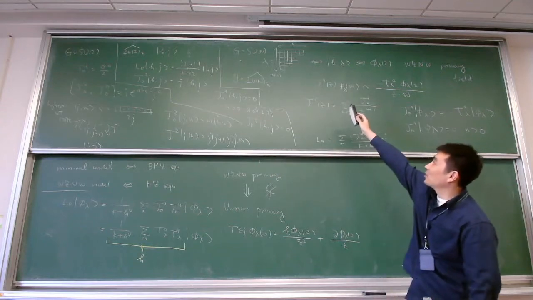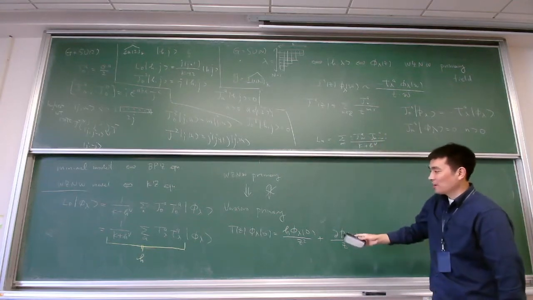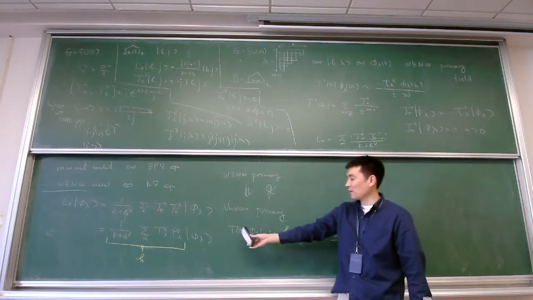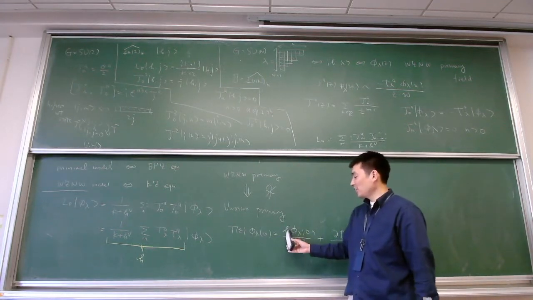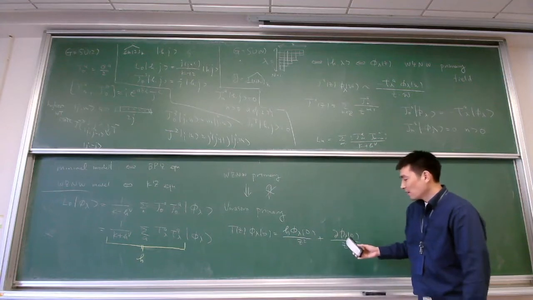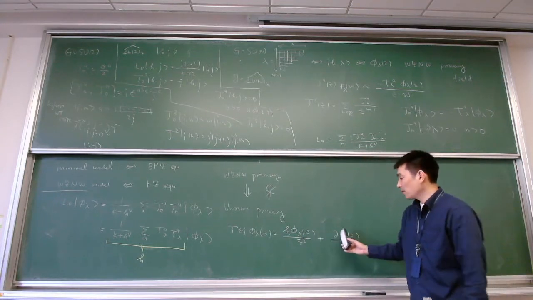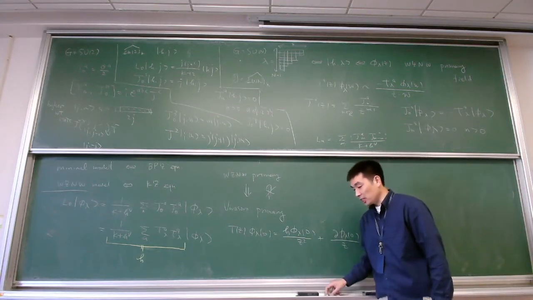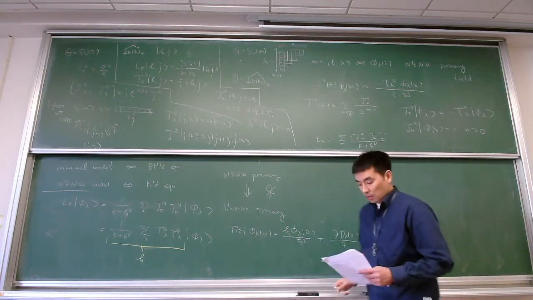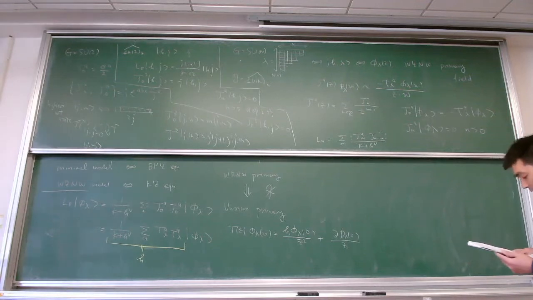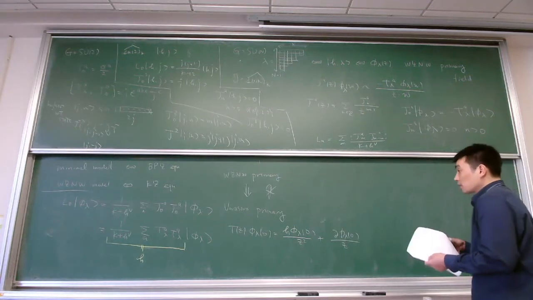The WZNW primary has to satisfy this condition, but the Virasoro primary only has to satisfy this kind of condition: T(z) O(0) equal to h times the operator over z squared plus derivative of the operator over z. But there's no higher order term. So we will see this example.